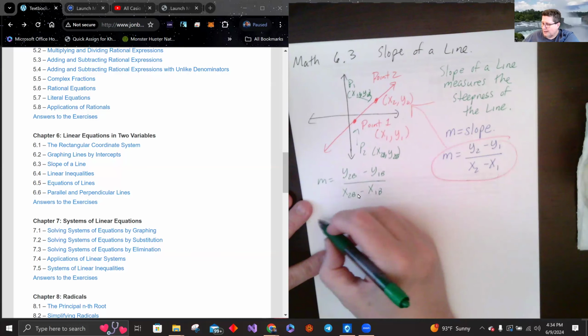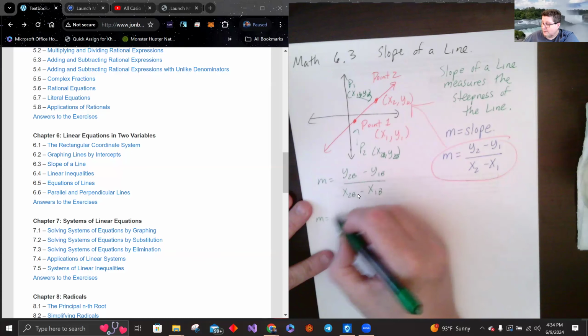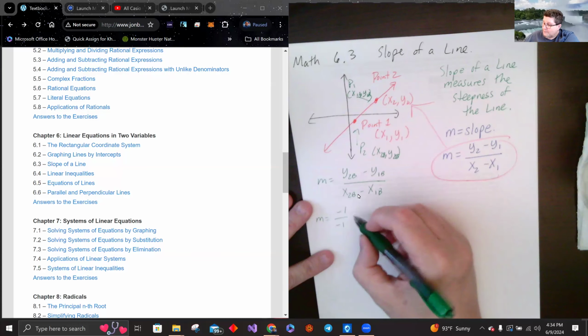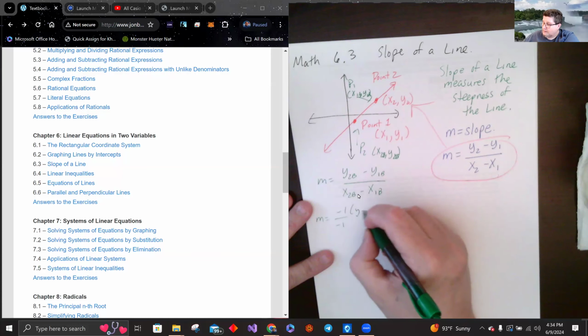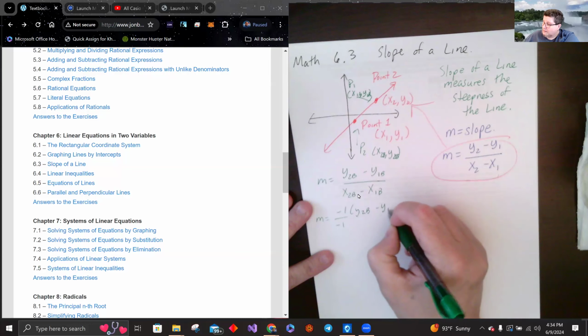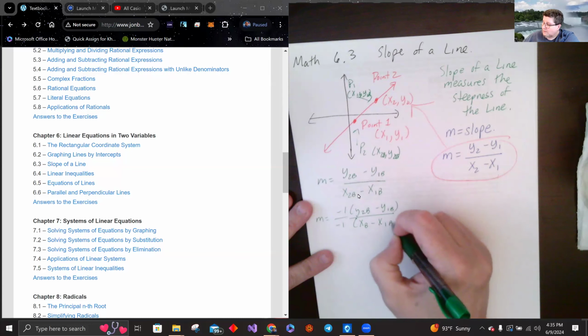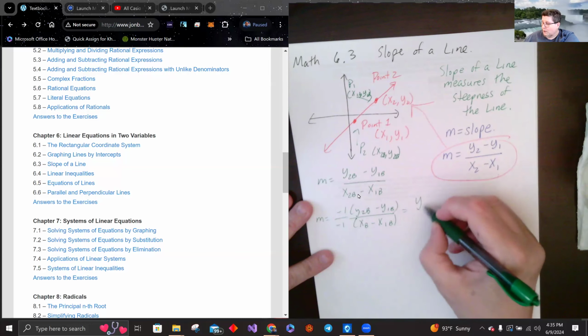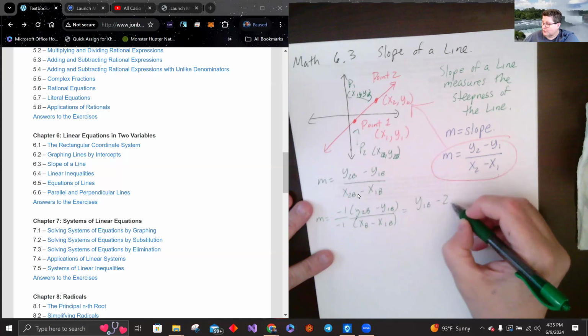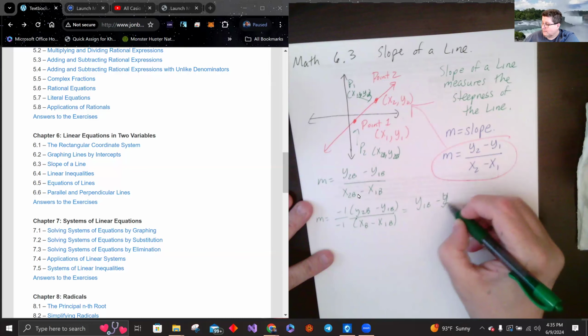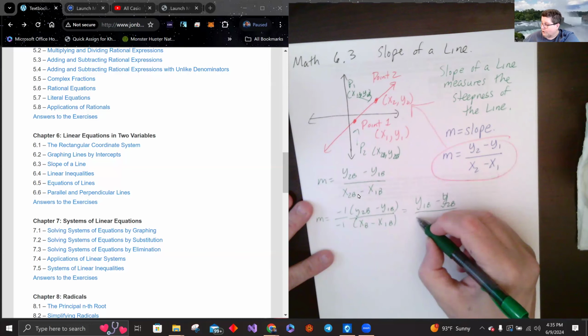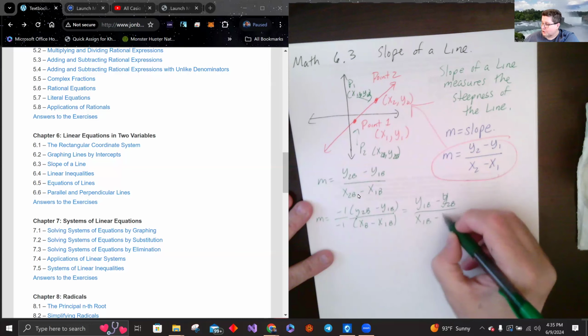If I just multiply by -1 over -1, this turns into y1b minus y2b over x1b minus x2b.